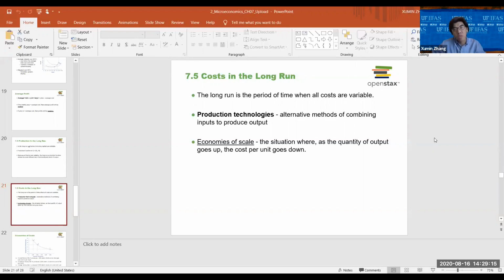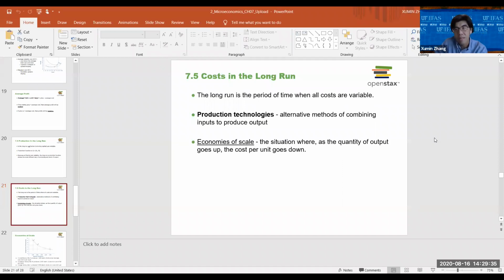So there are 3 different cases. One is economies of scale, meaning that the cost goes down as output goes up.